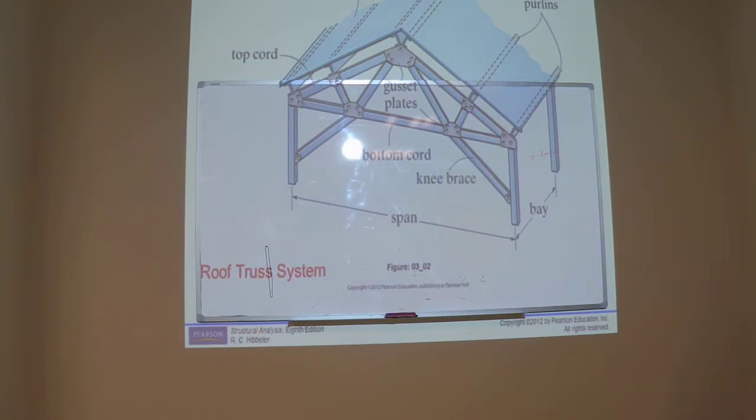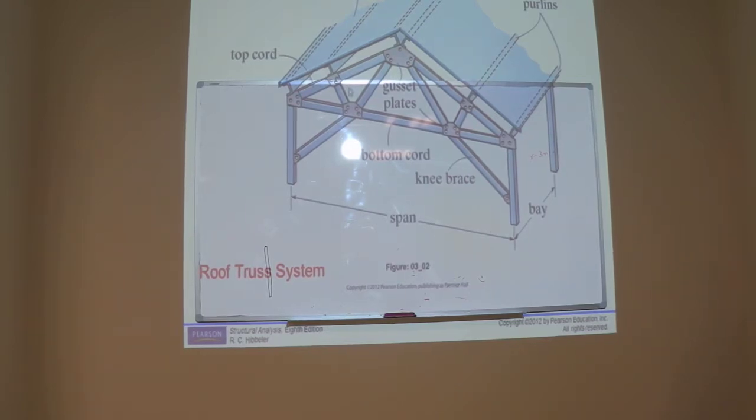So it means that if there is no load between this joint and this joint, there will be no bending moment. Because this point and this point, it will act as a support, and these joints, they are the pin joint, or they have only two reactions, X and Y. They don't have any bending moment.